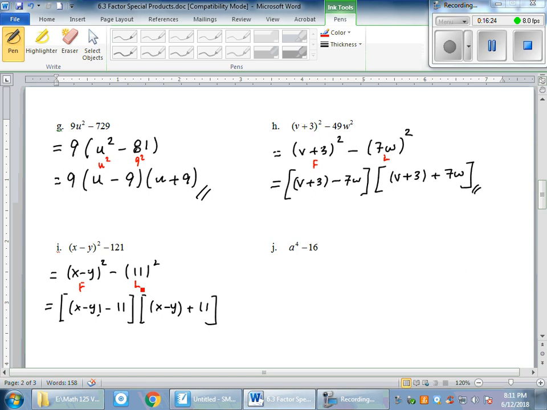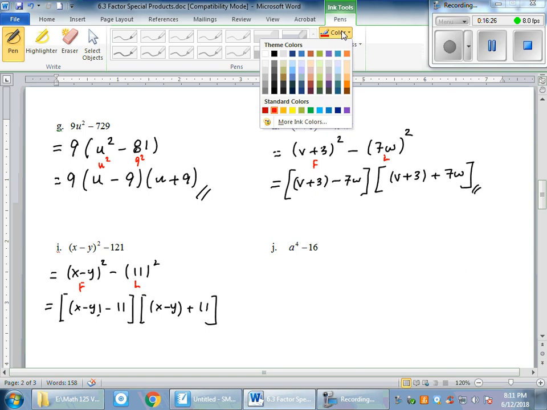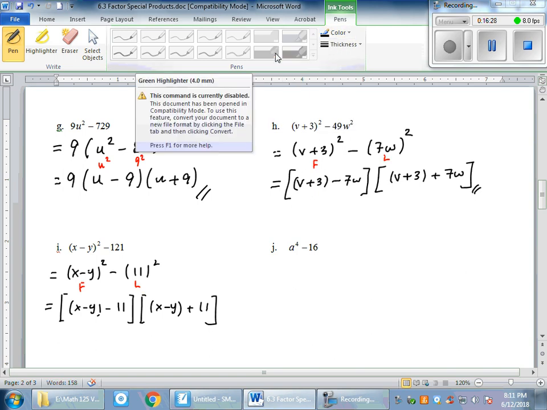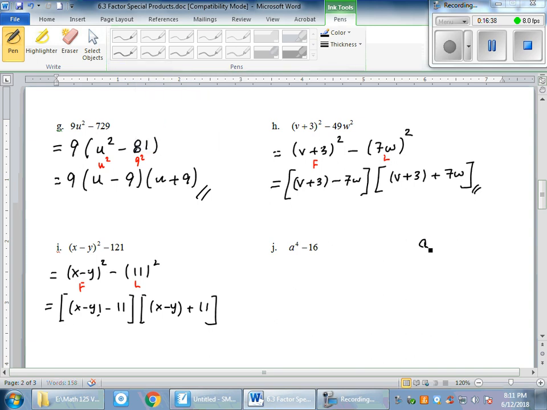Okay, so let's continue on to the next problem. A to the fourth power. So how do we write a to the fourth power as a difference of two squares? Because I can look at a to the fourth power as a to the second, to the second. Remember, exponent to exponent, we multiply the exponents together.